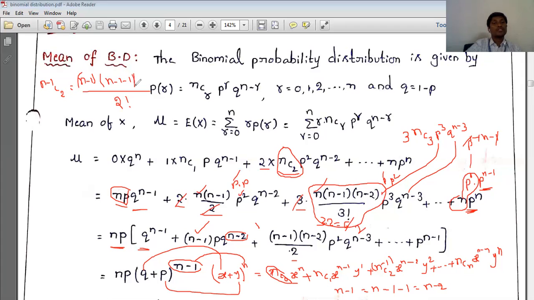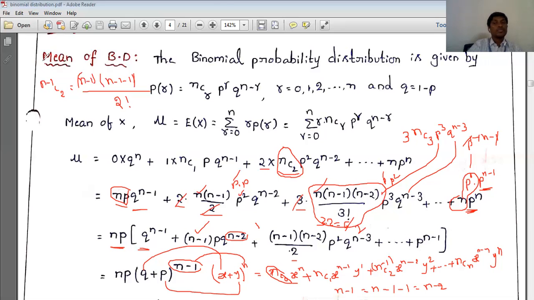So 2 factorial is nothing but 2. So here n minus 1 as it is, right? And n minus 1 minus 1 is n minus 2. So n minus 1 into n minus 2 by 2 factorial is nothing but 2. And p square, in place of y as it is. And here it is only y power n, but n is nothing but n minus 1.